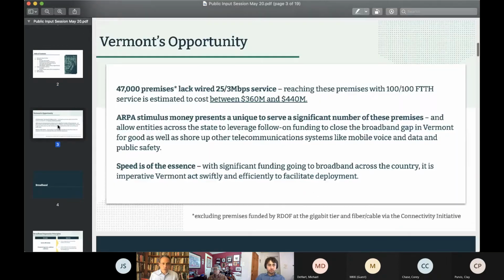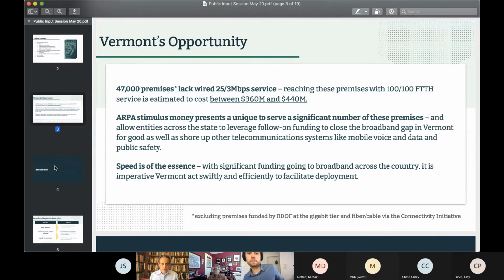So we want to start off with a unique piece to this report, which is that we are in a time unlike any that I can certainly remember, where the focus on the importance of telecommunications is front and center, and with it, unprecedented resources to be able to actually tackle the broadband gap once and for all.